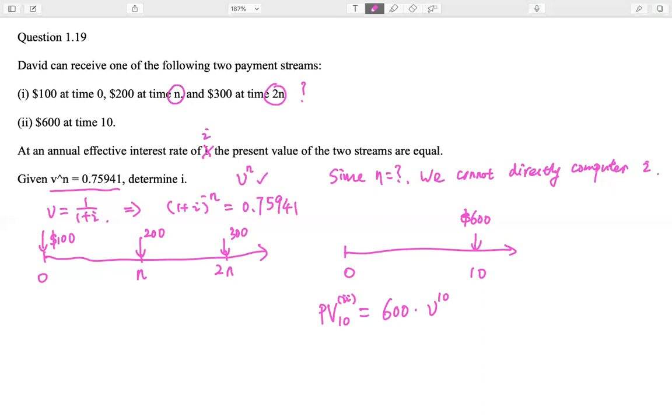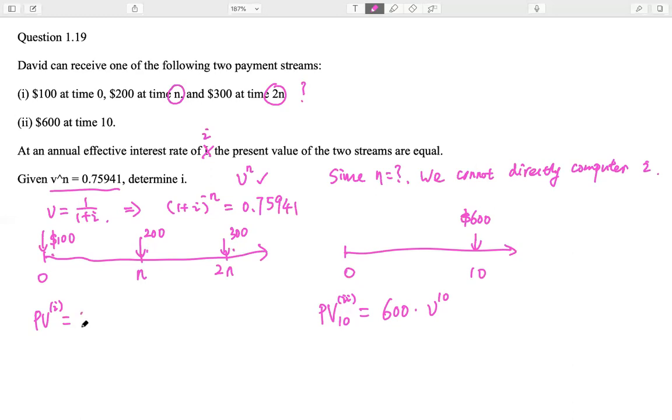Here there are 10 years, so I discount back by 10 years. Okay, what would be the present value of the first one? Here we have three income cash flows. There's no actual notation, so I simply call it PV1. It's the present value of all three converted to time 0.